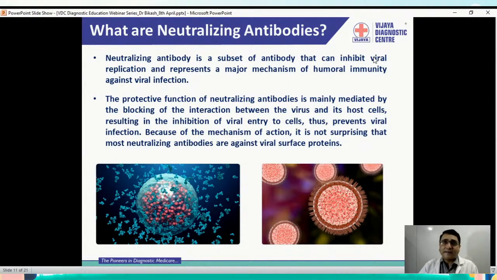The effective function of neutralizing antibody is mainly mediated by blocking the interaction between the virus and its host cells, resulting in the inhibition of viral entry into the cells, thus preventing viral infection. Because of this mechanism of action, it is not surprising that most neutralizing antibodies are against viral surface proteins.